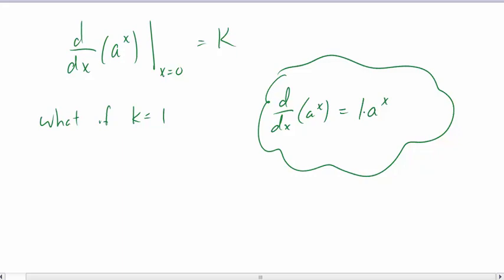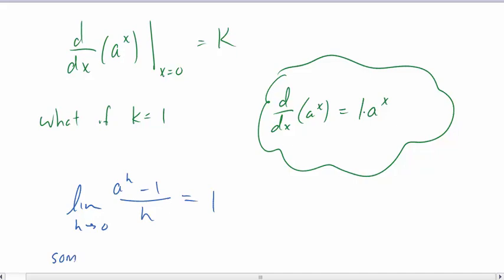So what kind of a value is going to give us this? What we care about here is this limit as h goes to 0 from above. The limit of a to the h minus 1 over h, we want that to equal 1.